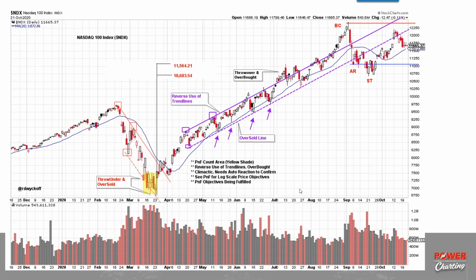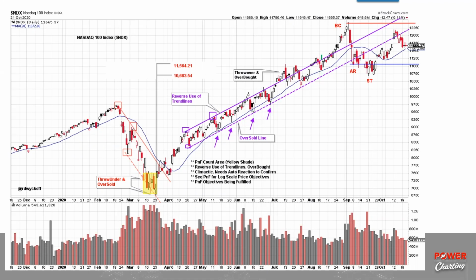And here we can see that once the COVID lows were reversed and the market turned up, it went into a beautiful trend channel that has been endured literally from April, May, all the way up through the end of August into September, and with a buying climax has become range bound. The market is range bound, it's waiting for the results of the election.